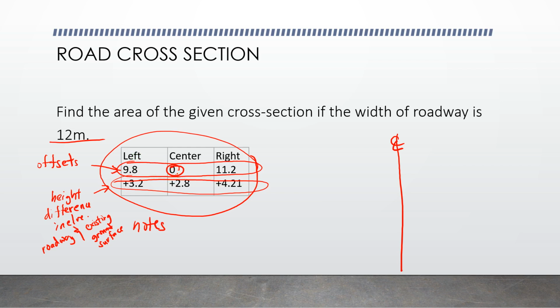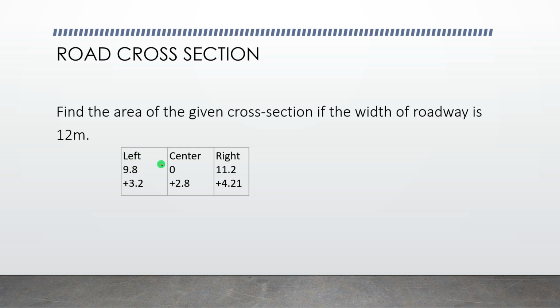But in some cross-section notes, this 0 here is not written. It's directly written here, the height at the center. So putting the number at the center without the offset means that that's the center point of the cross section.